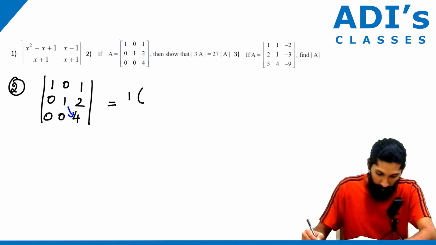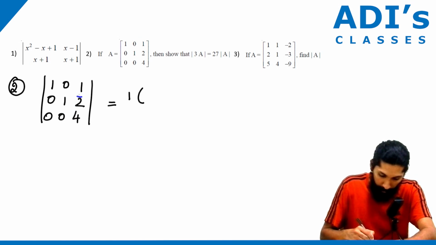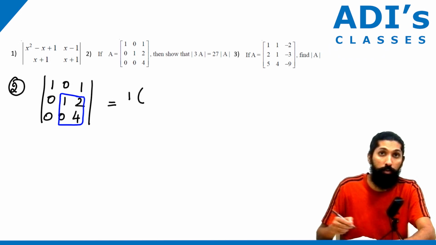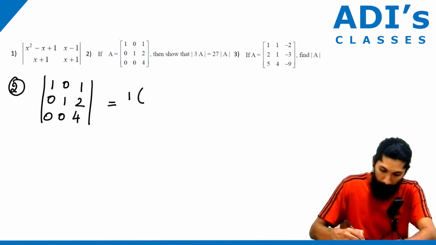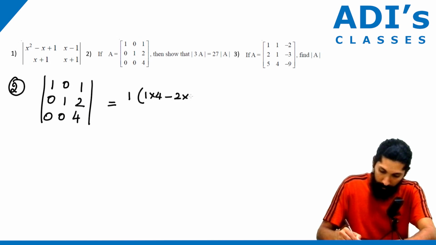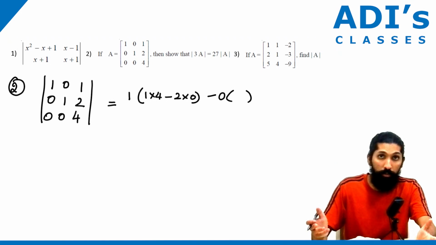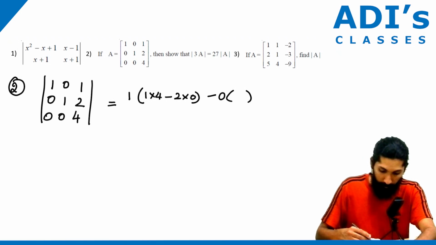That means we are going to take this small 2 cross 2 matrix, isn't it? So you will have 1 into 4 minus 2 into 0 minus 0 into anything, which is 0, so fine.